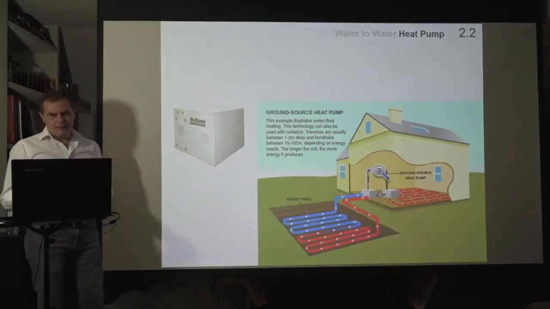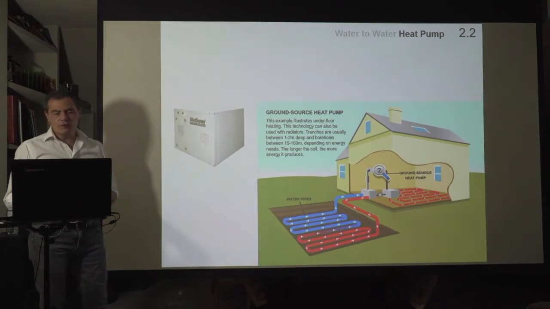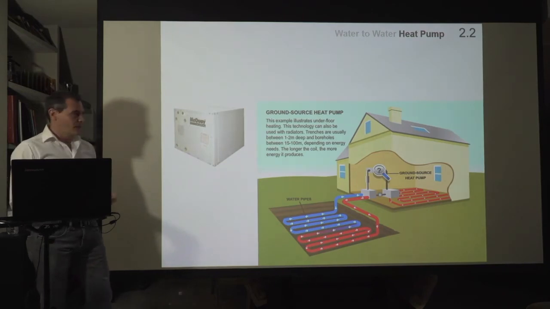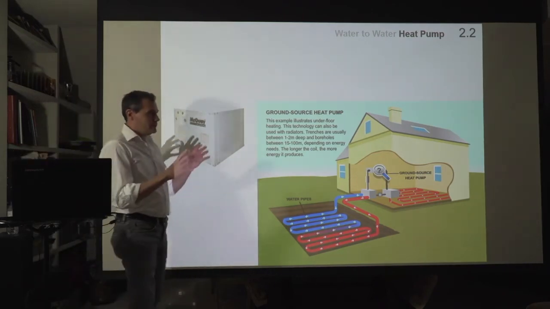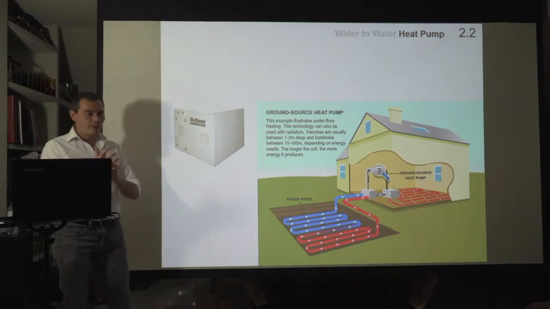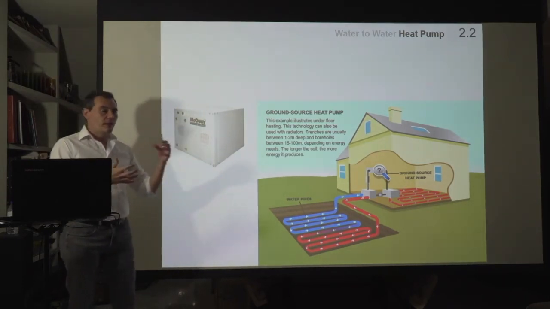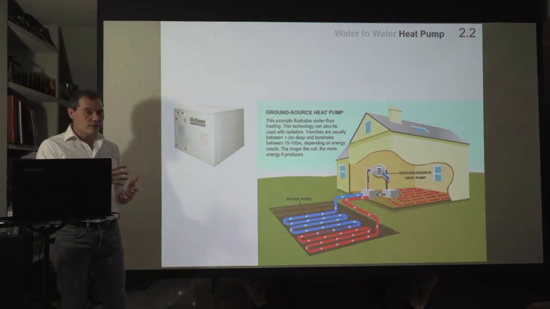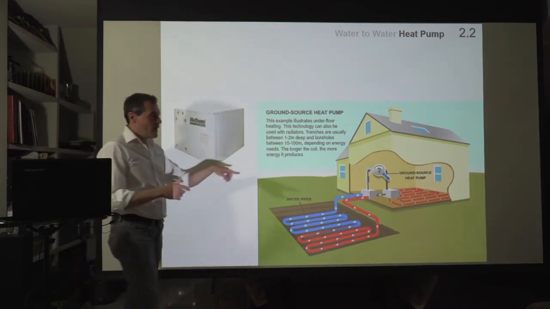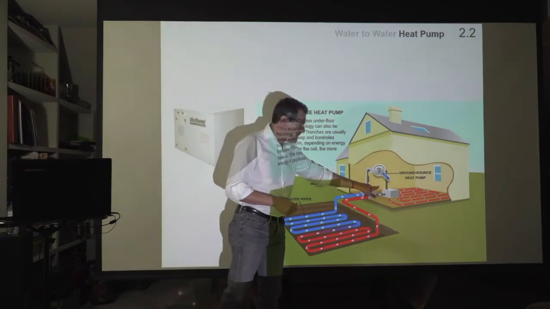And finally, we have water-to-water heat pumps. What is this? Well, a heat pump, it's the same concept. We have heat pumps in air-to-air systems, we have heat pumps in air-to-water systems, and we have heat pumps in water-to-water systems. The difference is that we have a heat pump here.